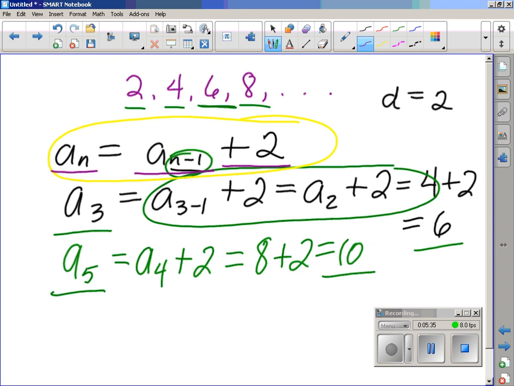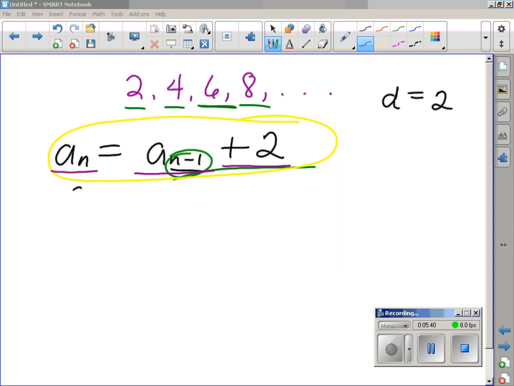Now, there's only one place that this gives us trouble. Where does this give us trouble? What if I'm trying to find the first term? Well, that's when n is 1. So 1 minus 1 is 0 plus 2. This term doesn't exist. We don't have a 0th term. So there's no way we can find the first term. So when you write a recursive rule, you always have to write down what the first term is.